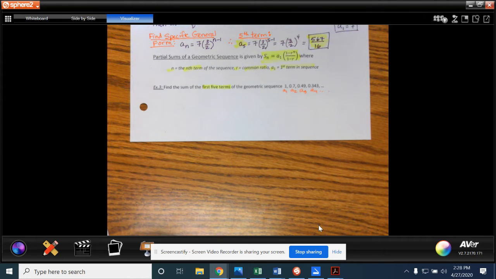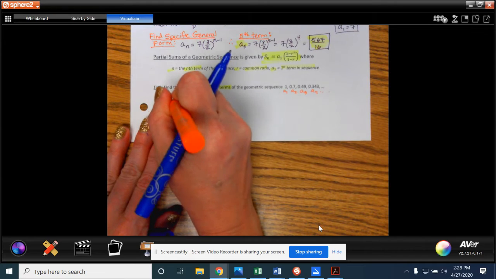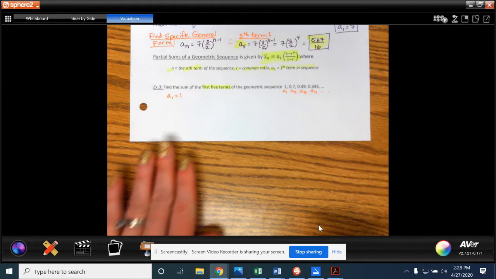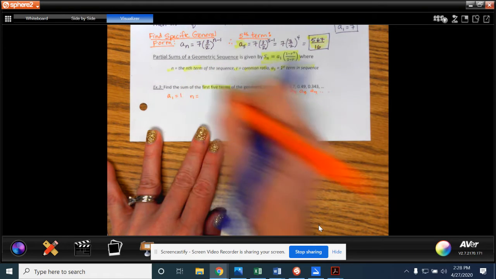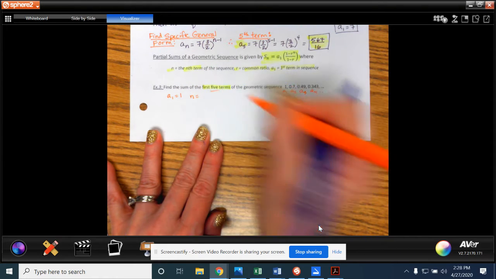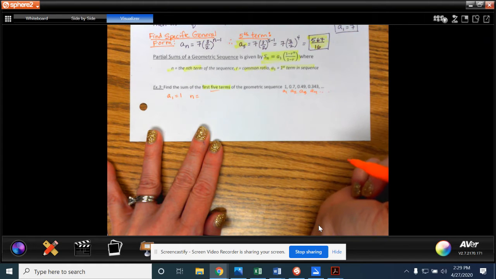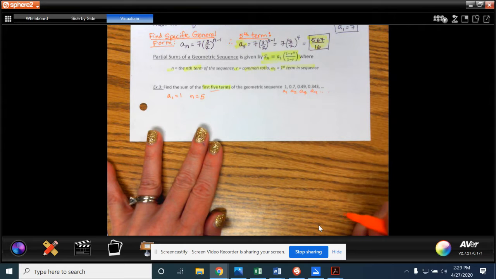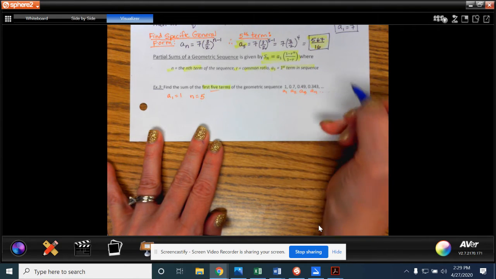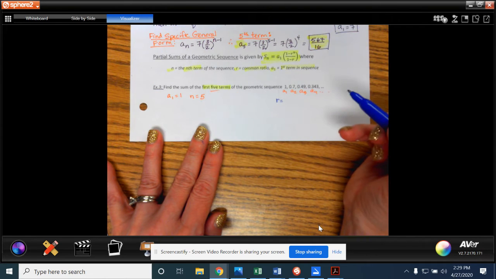So my A1 is really nice. It's 1. My N is going to be how many terms am I summing this up to? Well, that's 5. I want 5 terms. And then lastly is the R. Well, I need to find the R. Remember above how we find the R. Well, the R is going to be any term and its predecessor.